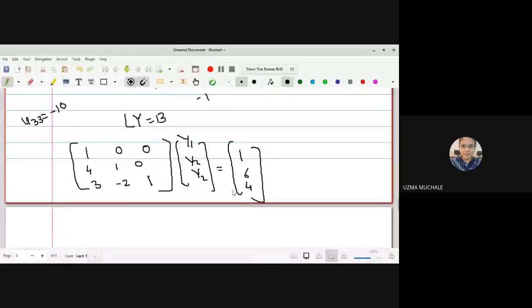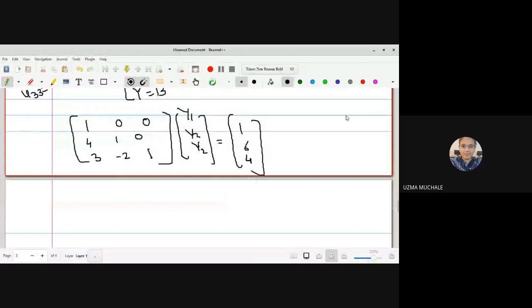Now we can solve the system. Directly we will get the value of y1 is 1, right? This is 3 cross 3 and this is 3 cross 1, so the resultant is a 3 cross 1 matrix. 4y1 plus y2 equal to 6.